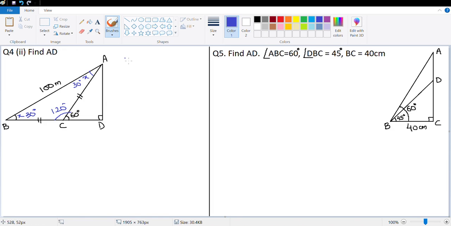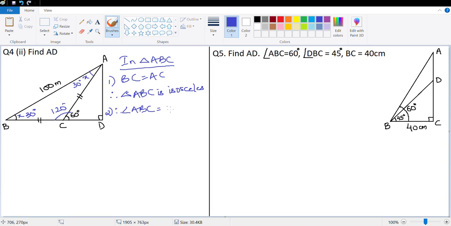So in triangle ABC, point number 1, BC is equal to AC. Therefore triangle ABC is isosceles. What this means is, therefore angle ABC is equal to angle BAC is equal to X degree.